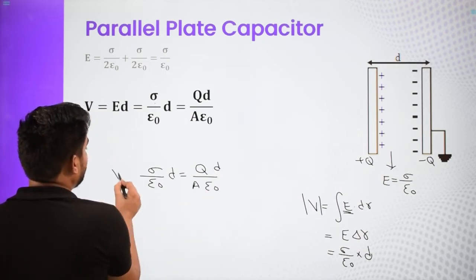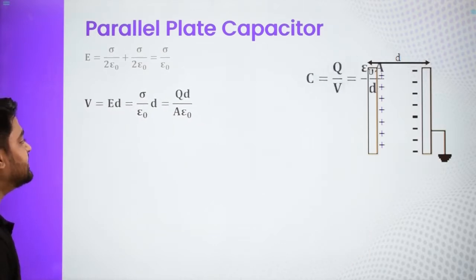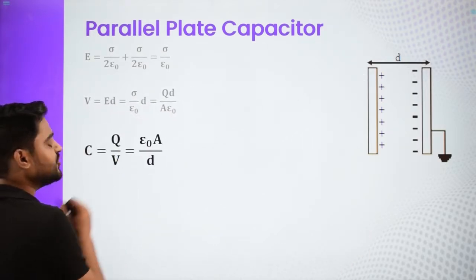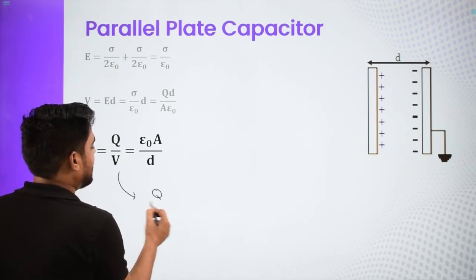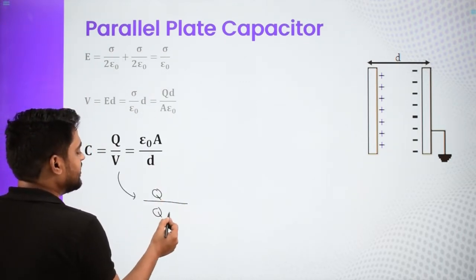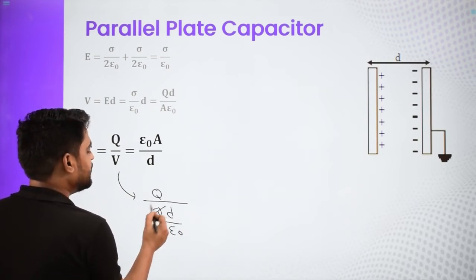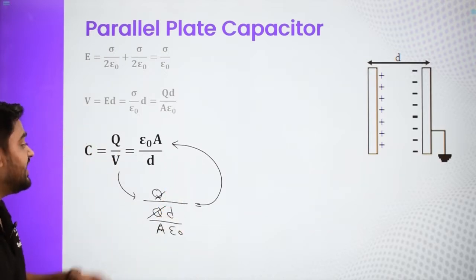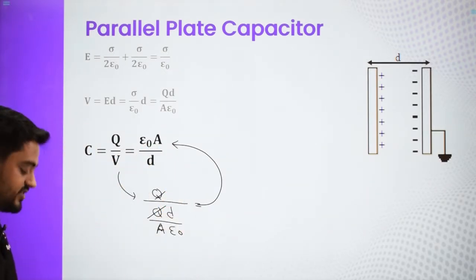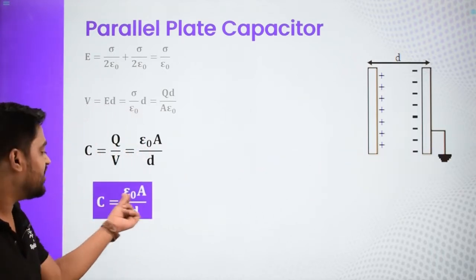So this is my V. Once we got V, we can simply say that the capacitance is Q by V. And what about V? V is QD by A epsilon naught. This Q gets cancelled and eventually we get epsilon naught A by D. So the capacitance of a parallel plate capacitor is given by epsilon naught A by D.